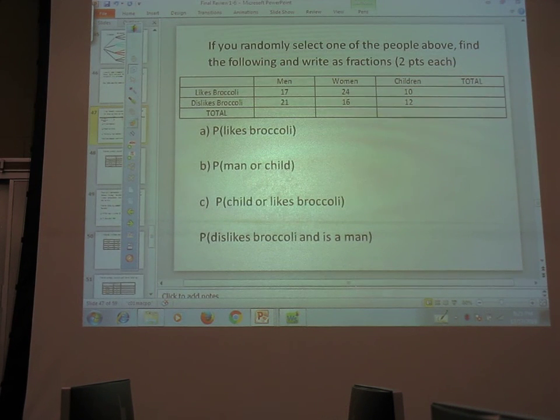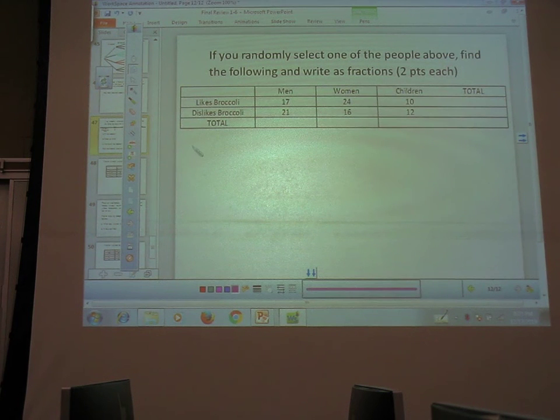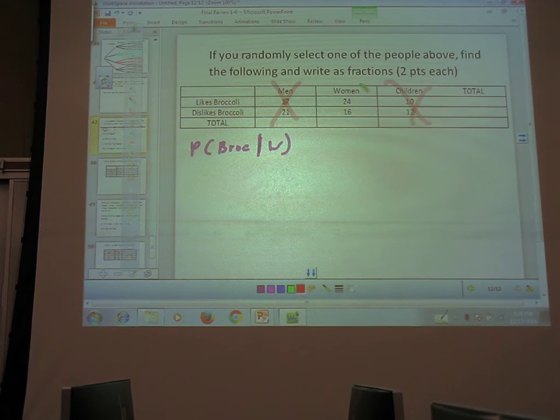And the last one is the given one. Is it broccoli given women? Likes broccoli given she's a woman. Remember, given means that woman has happened, which means you know it's not the men or the children. You're talking about this one right here.